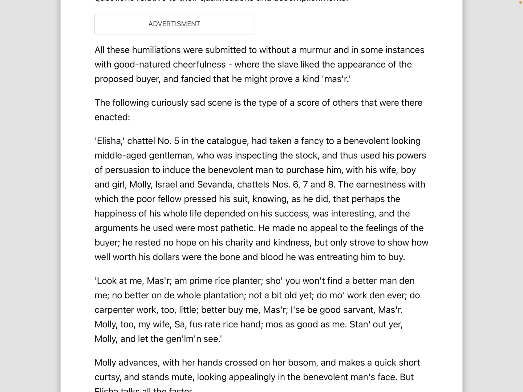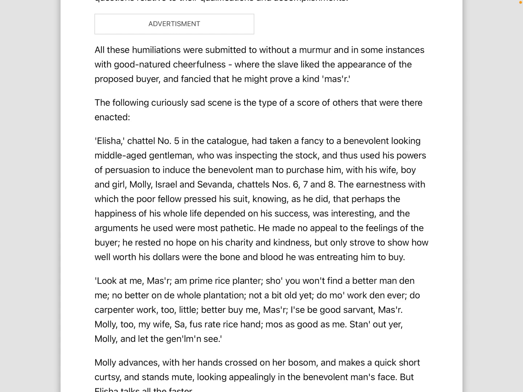The following curiously sad scene is the type of a score of others that were there enacted. Elisha, chattel number 5 in the catalog, had taken a fancy to a benevolent-looking middle-aged gentleman who was inspecting the stock, and thus used his powers of persuasion to induce the benevolent man to purchase him, with his wife, boy, and girl, Molly, Israel, and Savanda, chattels numbers 6, 7, and 8.